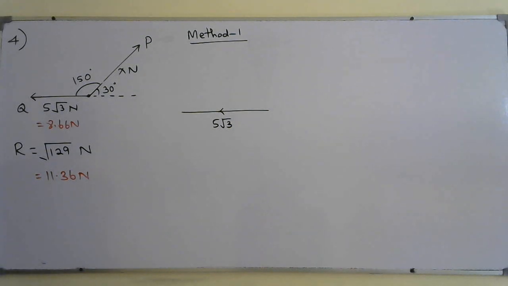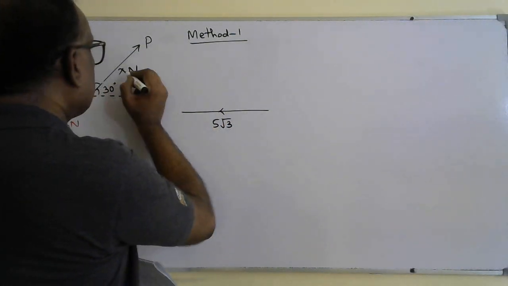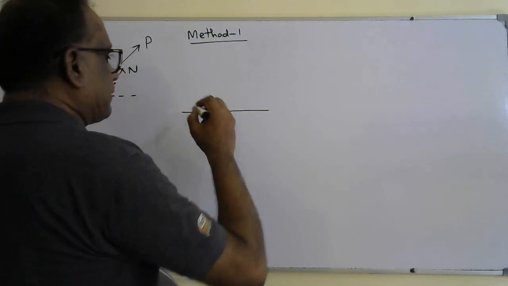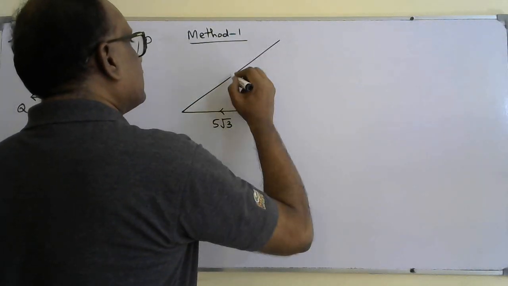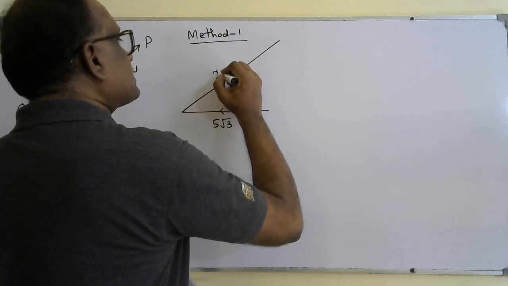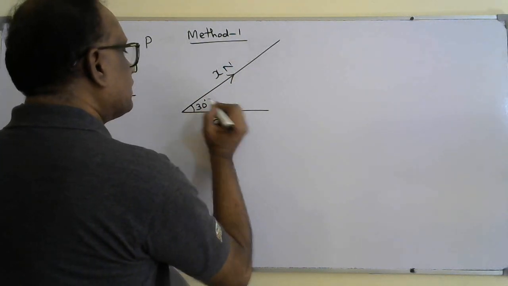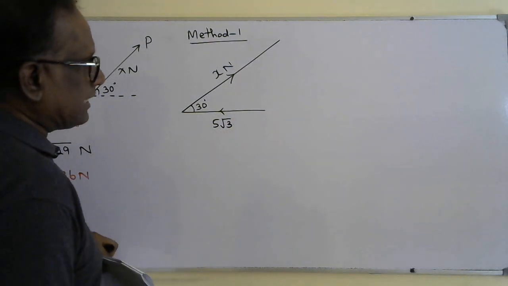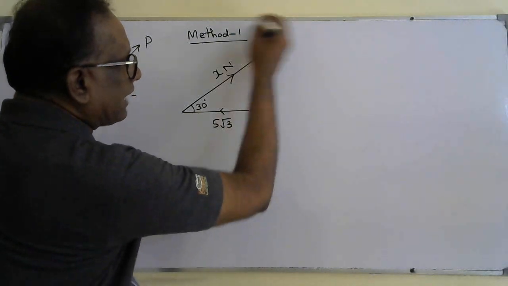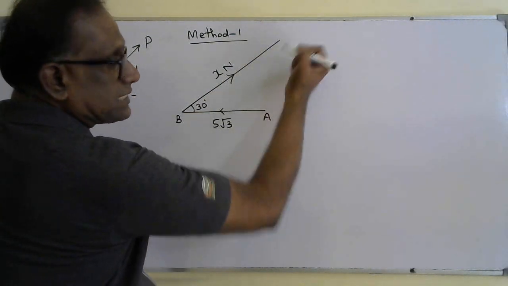The second force should be drawn from the end of Q, at 30 degrees. We don't know the magnitude of x, I am just sketching 30 degrees. If I draw it at 30 degrees, the second force, that is x Newton, unknown, we know this is 30 degrees. So if I name this triangle A, B, C, where to put the C is the question.